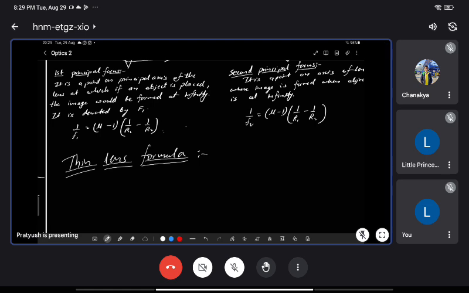Now, lens maker's formula we have seen, focus we have seen. Before the thin lens formula, let us take down some questions.